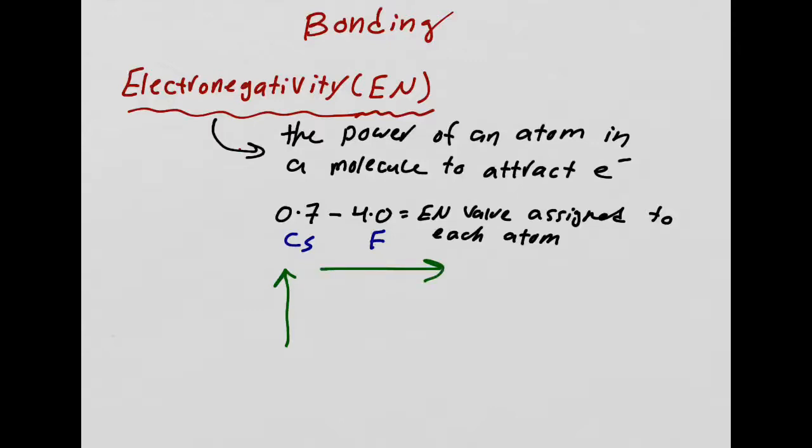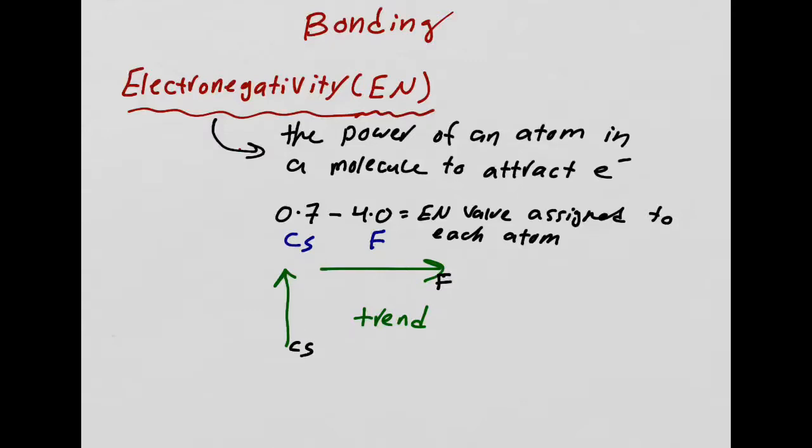Here is the trend for electronegativity: as we go up, the EN increases. As we go to the right, the EN increases. Fluorine is right here and has a high EN value. Cesium is down here and has a low EN value.